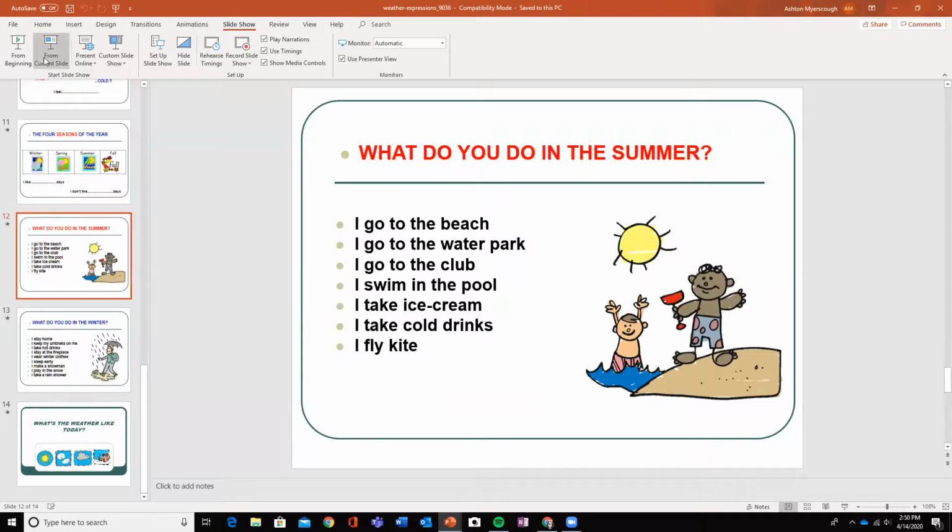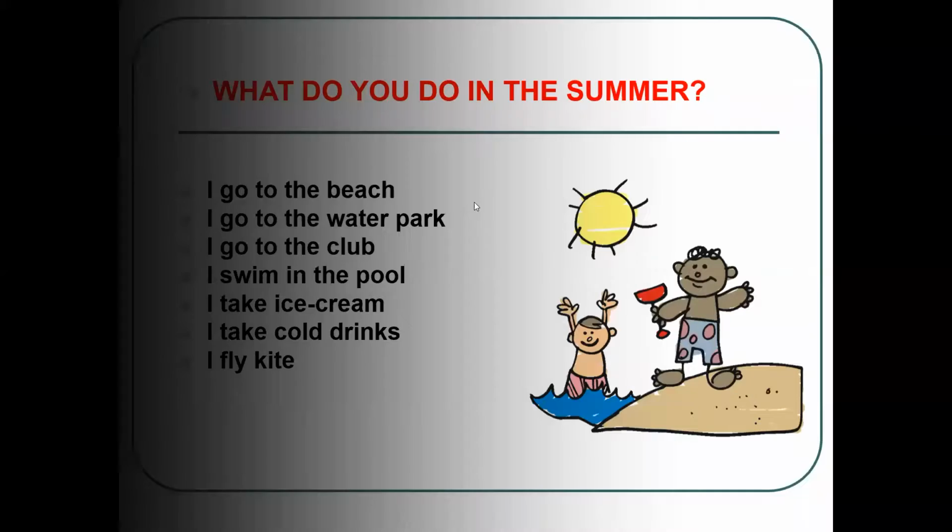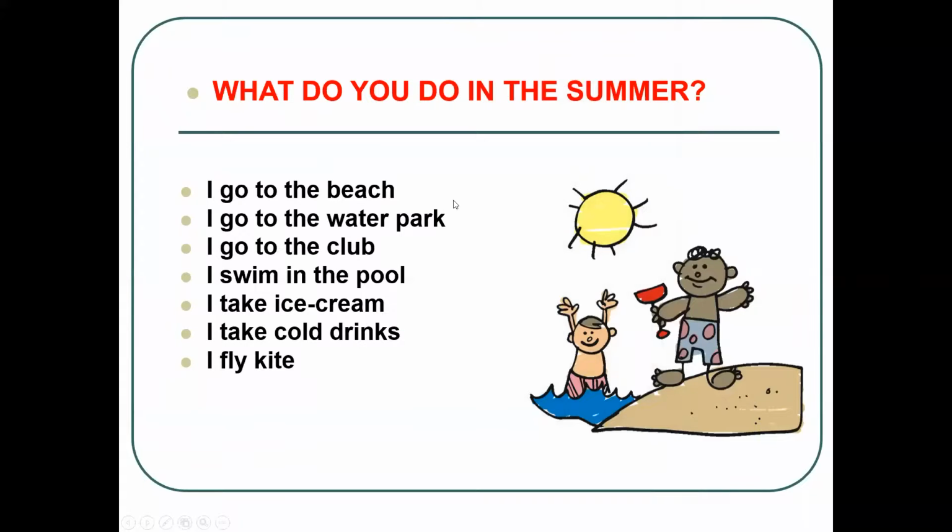So here are some different things we do in the summer. Repeat, I go to the beach. Repeat, I go to the water park. Repeat, I go to the, let's not say club.